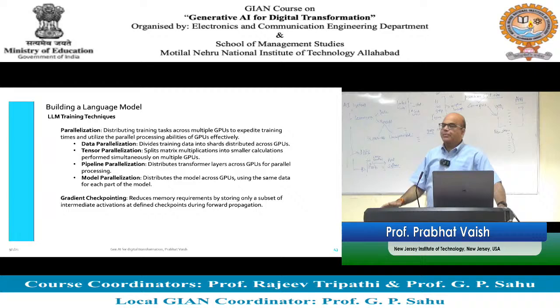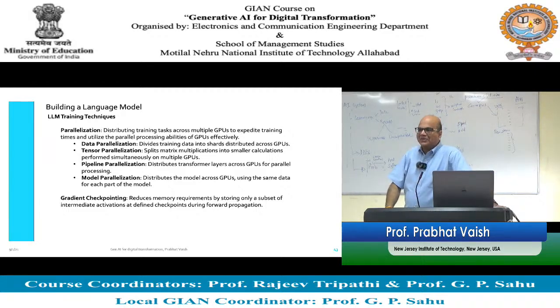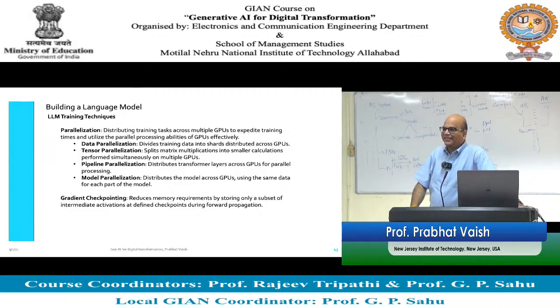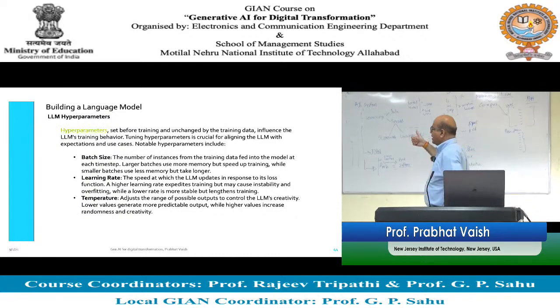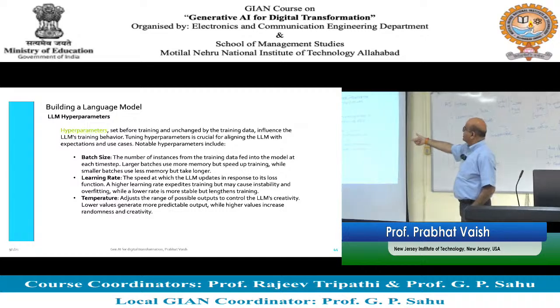If that happens, what do you have to do? You can go to the extreme. You can change the architecture of your network, but that's the extreme step. You have some more tuning parameters if anyone remembers, right? The regularization parameter, the learning rate, the temperature, the size of the batch.